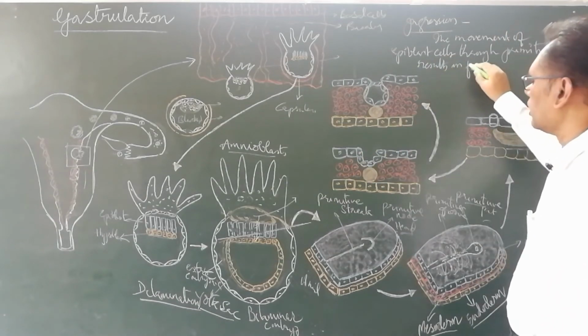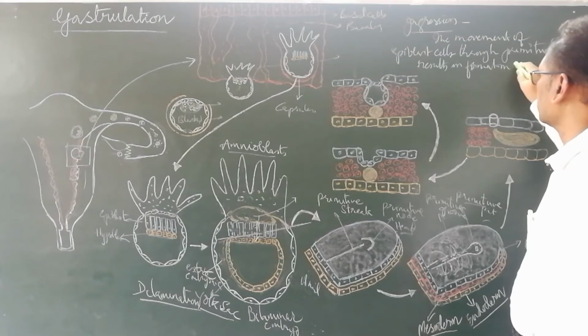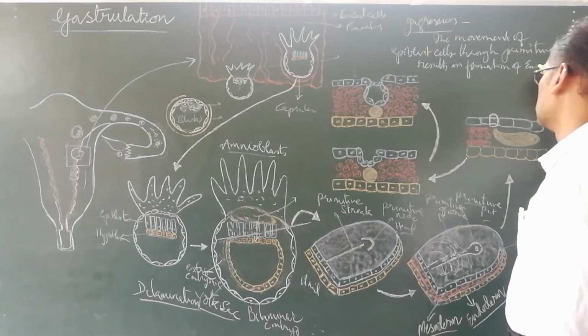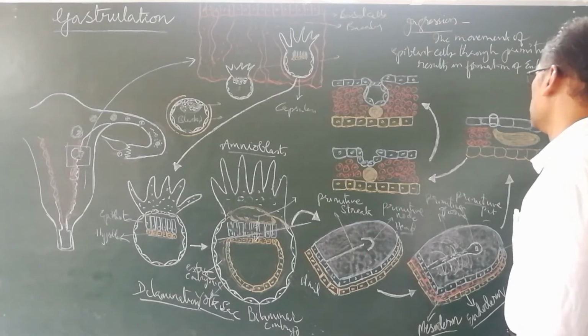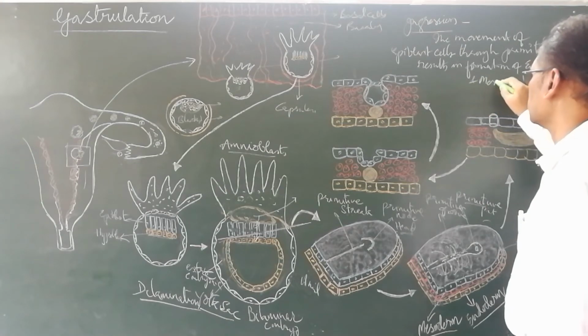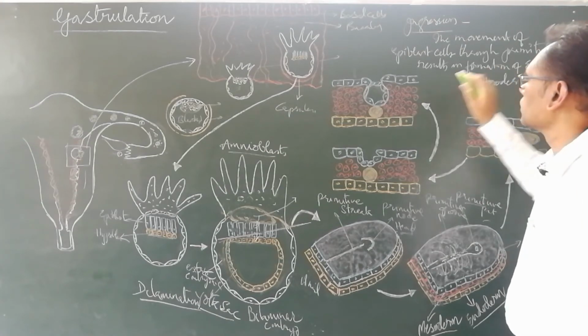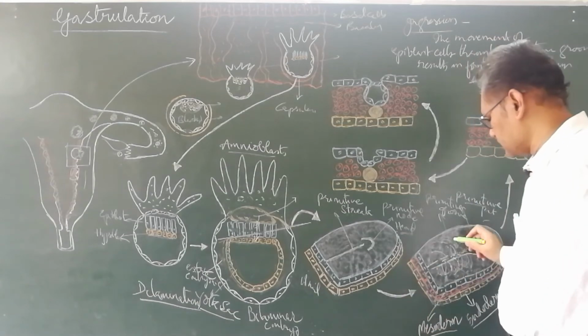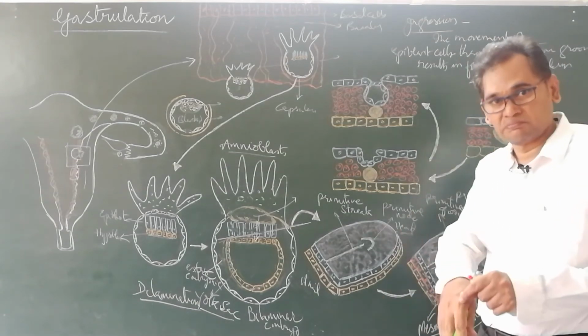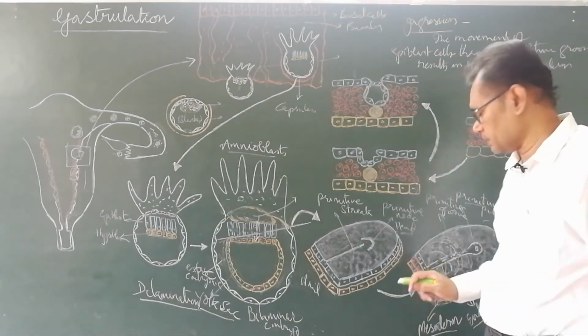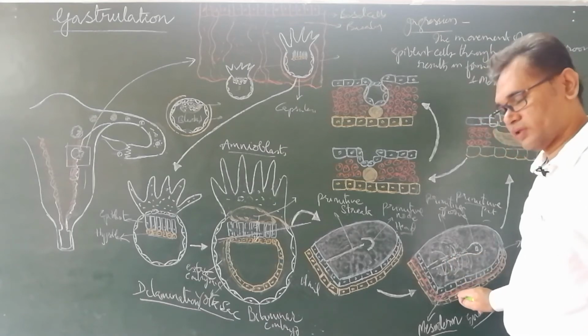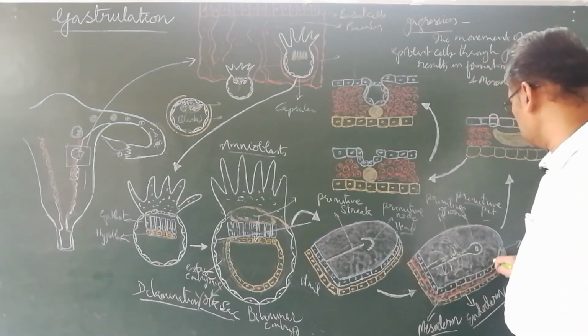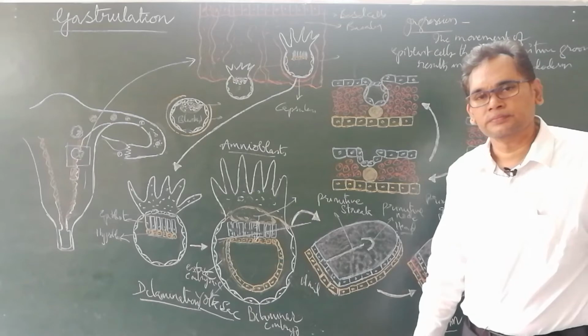This is called ingression. These epiblast cells have ingressed through the primitive groove for the formation of endoderm and mesoderm, and the remaining cells are called ectoderm.